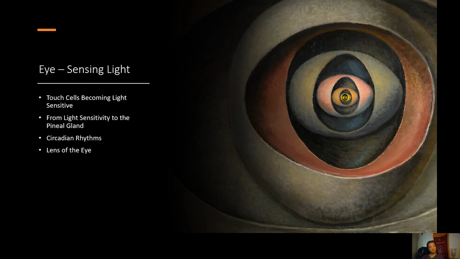We talked about it just a second ago, that this is when touch becomes light sensitive. And one of the things I think is always fun to talk about is the rise of the pineal gland. So well before the eye was this pineal gland, this proto-eye. What is the pineal gland? The pineal gland sits in the very center of our head, in the very center of our brain. The lobes are so fine that Descartes argued that there were no lobes. He thought it was the only non-bifurcated part of the brain.